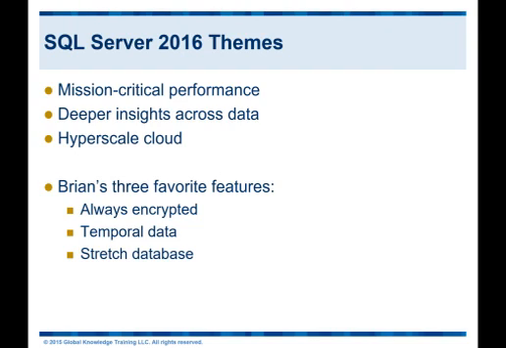The second theme is deeper insights across data, which is another way of saying the business intelligence stack is being improved. So we want better business intelligence analytics, and also the hyperscale cloud.